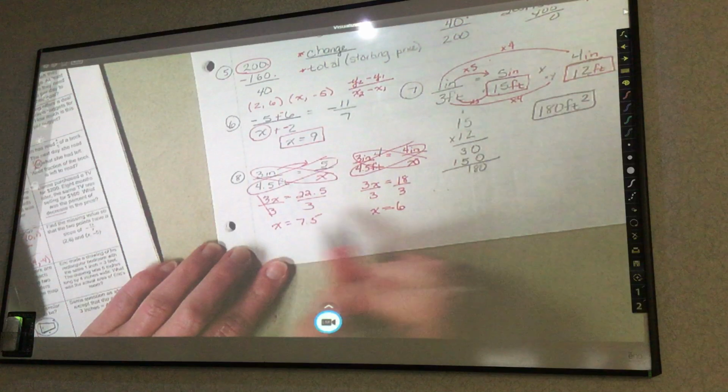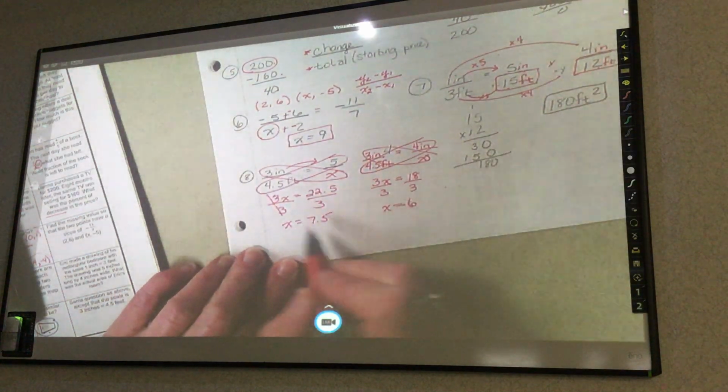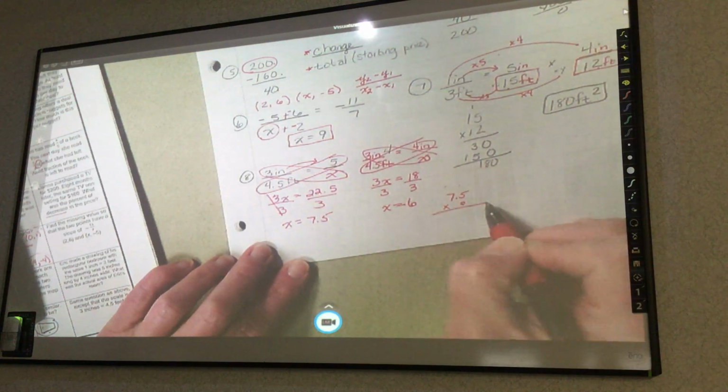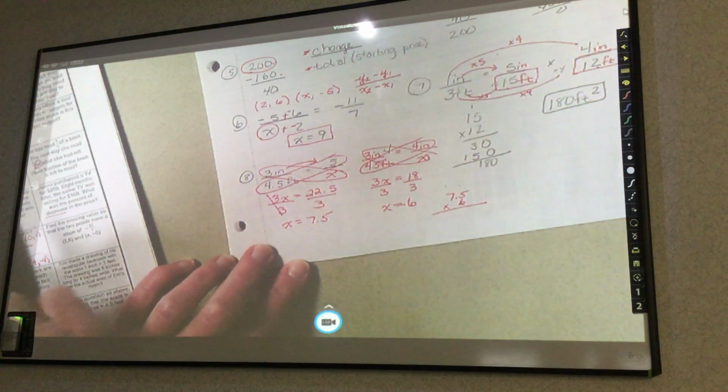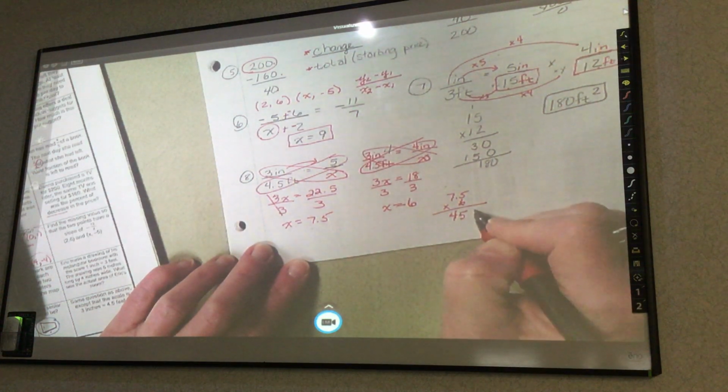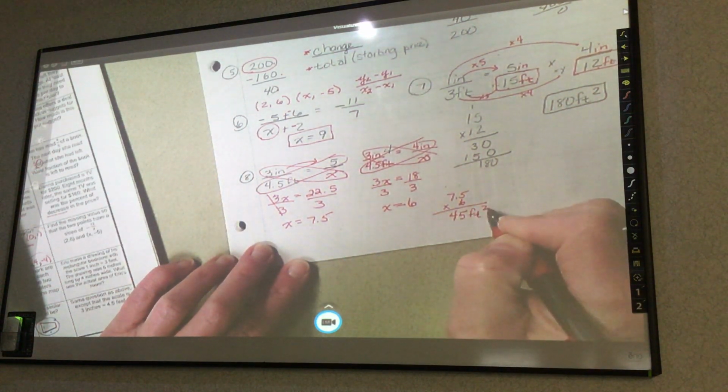So then those are my dimensions, but now I need to find the area, so I take 7.5 times 6, and I get 45 feet squared.